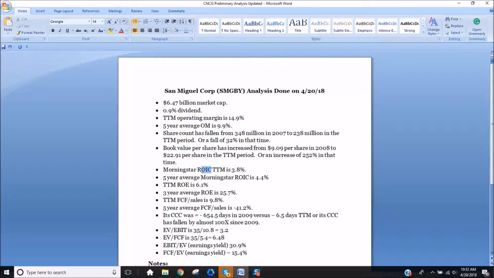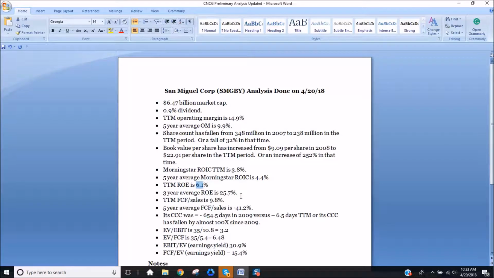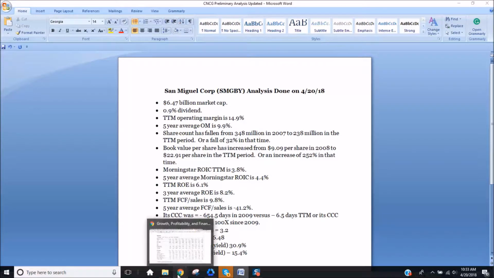This is kind of the baseline margin, and this shows how much debt magnifies the margins here. 5-year average: 9 plus 2.6 plus 3.8 plus 16.2 plus 9.2 equals, so 8.2%. So I can tell again that they have a decent amount of debt, and I'll illustrate that when we get to the notes section down here.